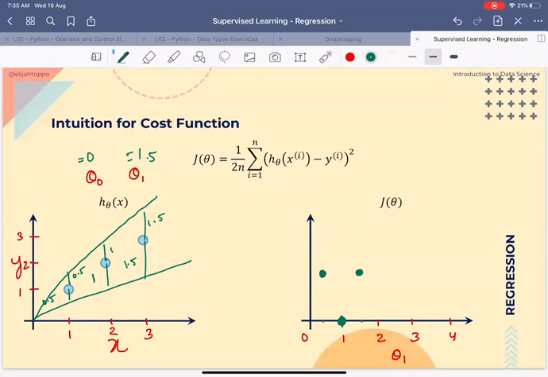If I go with theta 1 as 2, somewhere around here, I will get a much bigger error. Does that make sense? As I go in both directions of theta, this would be my minimum value. If I move in this direction or in this direction, my error will increase. So if I try to join these lines, it would look like this.